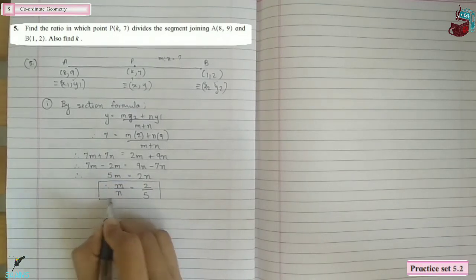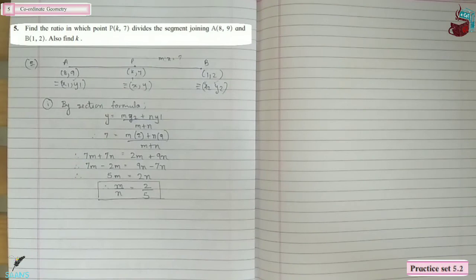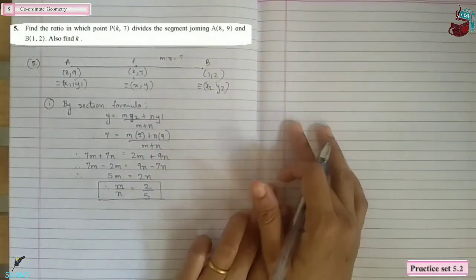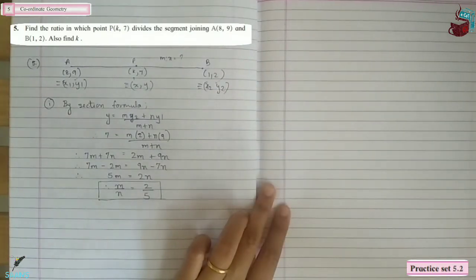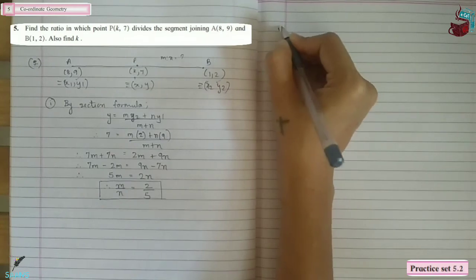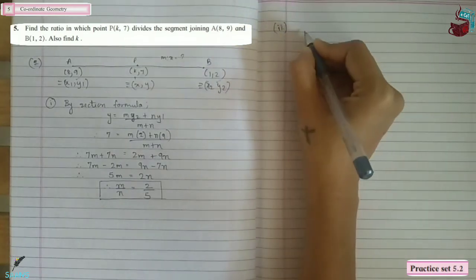Okay. Now, what are we going to do? Once we've got our ratio, we have to find the value of k. Okay. Since we've got our ratio, we'll find the value of k. For this, we'll use the formula for x. Okay. So, here we come.